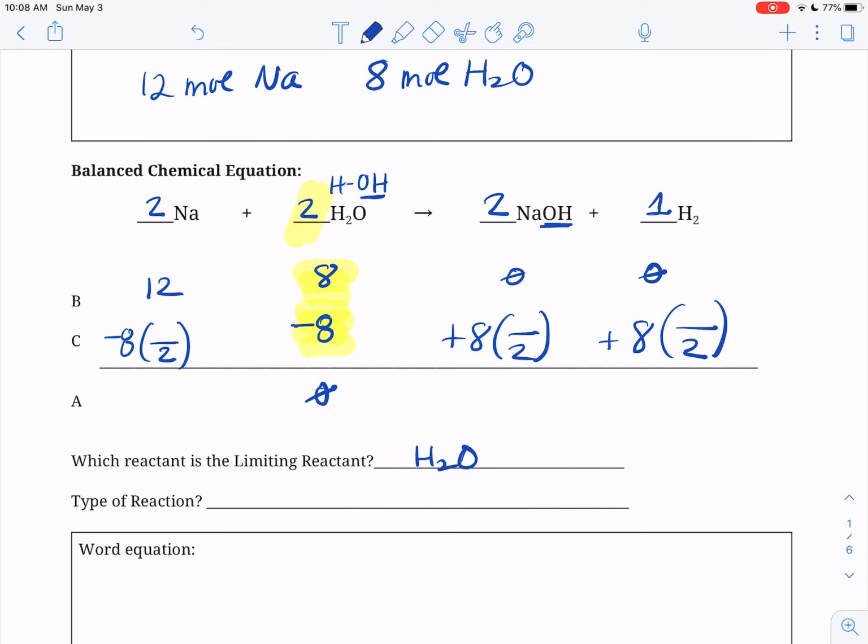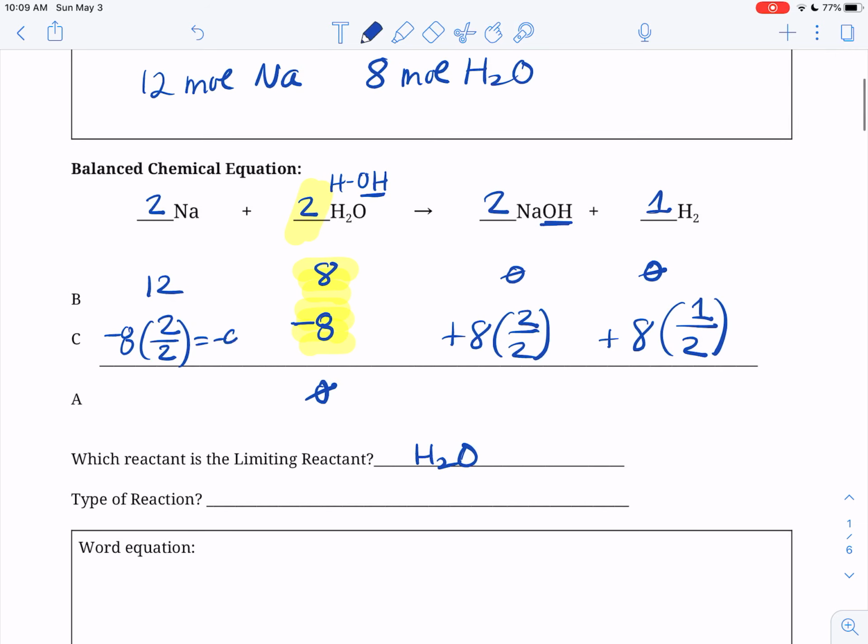And then I'm just going to bring down this 2, bring this 2 down, bring the hydrogens 1 down. So this is going to be -8, this is going to be +8, and this is going to be +4. So the amounts that I'm using, 8, 8, 8, 4, are the same as 2, 2, 2, 1.